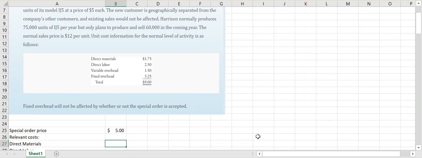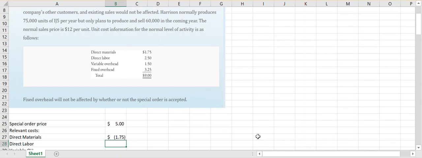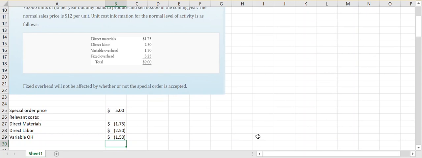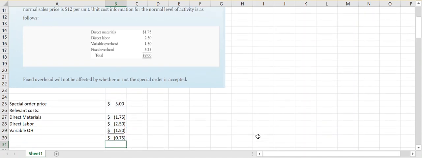When we look at our relevant costs, we know that we would have to spend $1.75 per unit in materials. We know that we'd have to spend $2.50 in direct labor, and we'd have to spend $1.50 in our variable overhead. So if we were to accept this special order, given that they're only going to pay us $5 per unit, that means we would actually lose 75 cents per unit on this item.